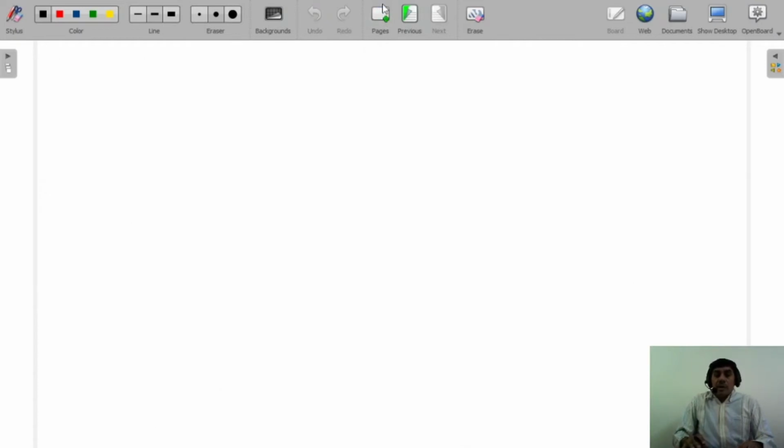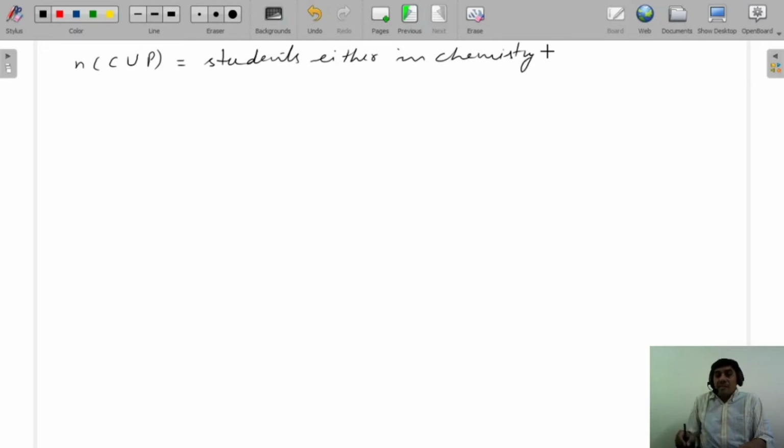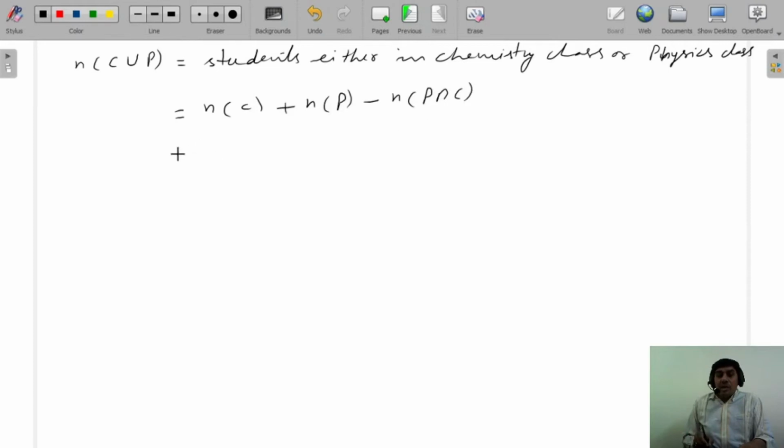Now, n of C union P, the students either in chemistry class or physics class, is equal to n of C plus n of P minus n of P intersection C, which is equal to n of C is 20 plus n of P is 30 minus n of P intersection C is 0.